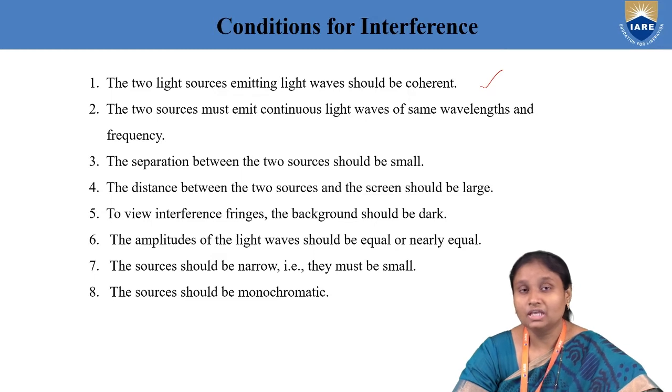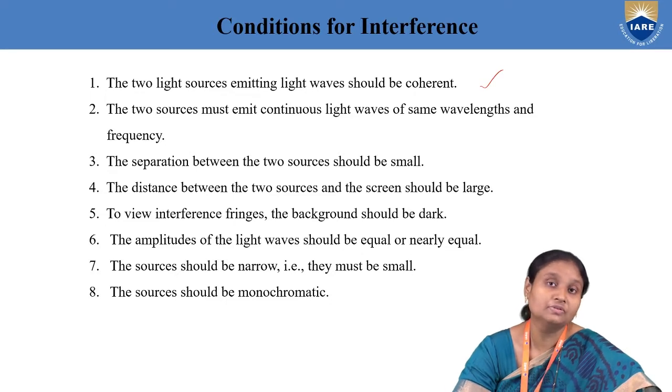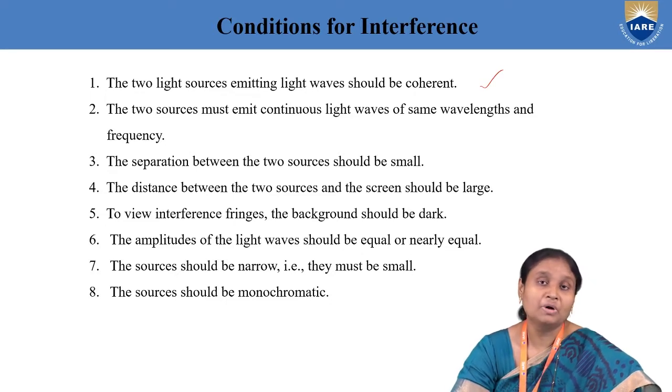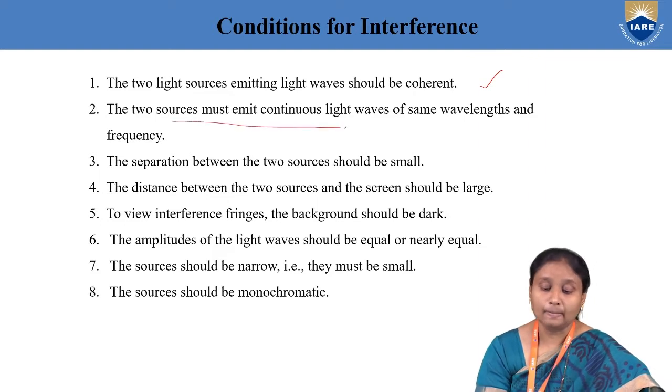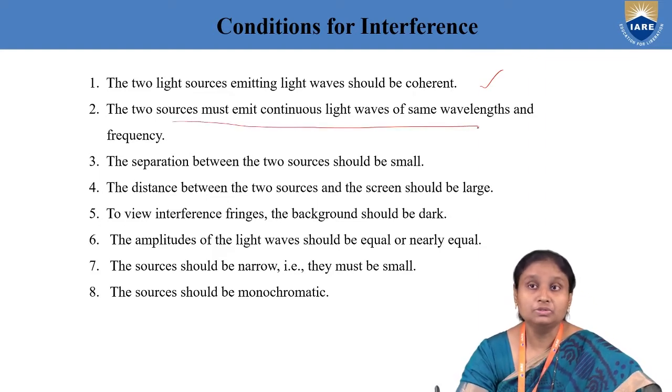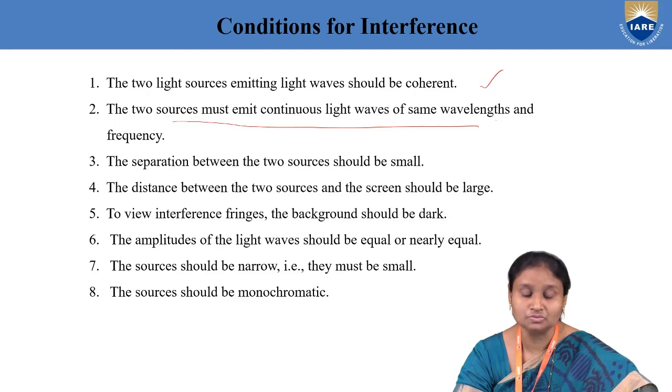To have two coherent waves, light from the same source is made to pass through two virtual sources. The light waves should be coherent, and whatever two sources we are taking should be able to emit light waves of the same wavelength and frequency. And this is possible when you make light from a single source pass through those two sources.